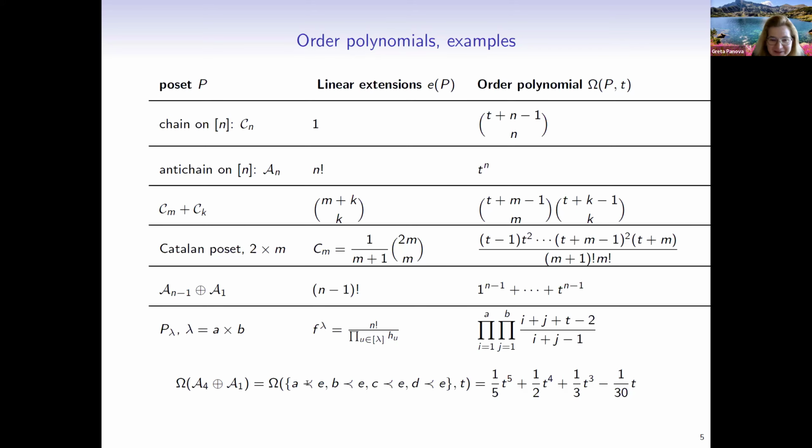This is what it looks like as a poset: you have 4 elements that are all smaller than the 5th element. And if you compute the order polynomial, you get this. And as you can see, the last term has a negative coefficient.